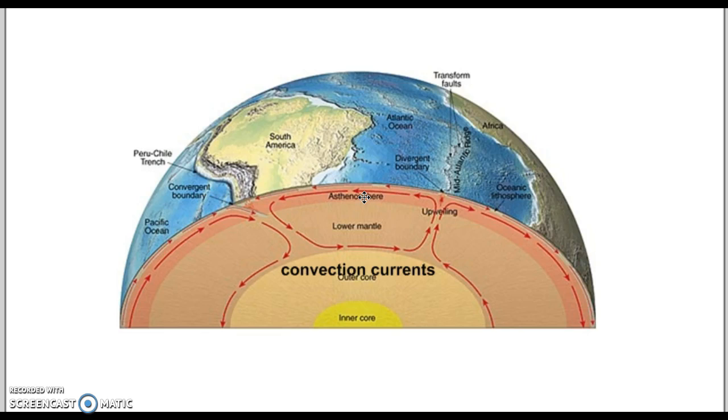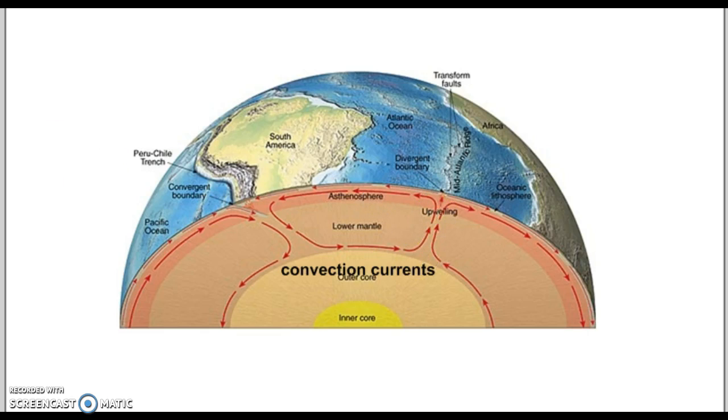It's a movement. And so that disturbance and movement is going to transfer to the plates resting on top of the asthenosphere. So when the asthenosphere is disturbed, the plates on top are disturbed. You can think about a leaf on a pond, and there's something in the water, and it creates waves of energy, and it disturbs the leaf on top.